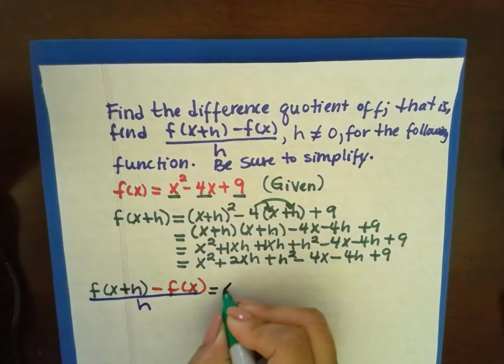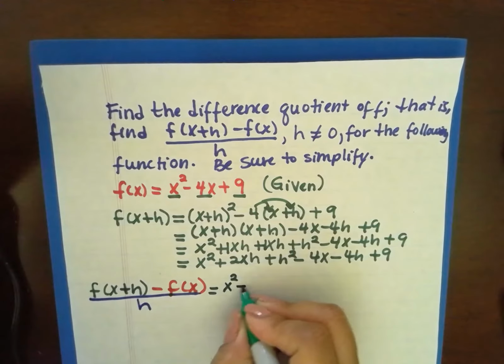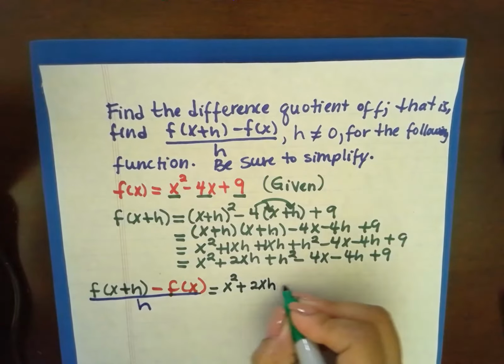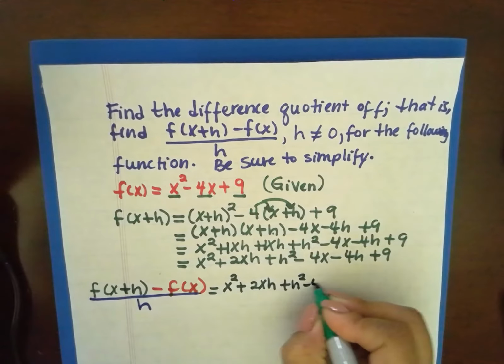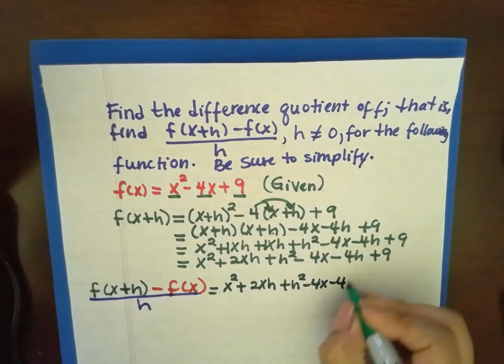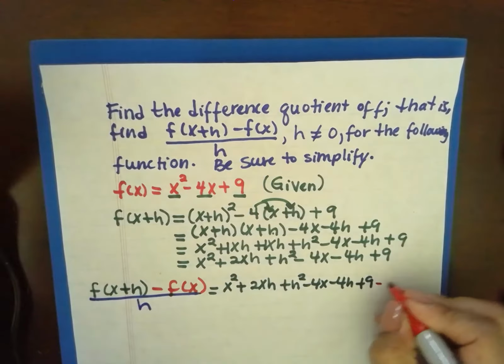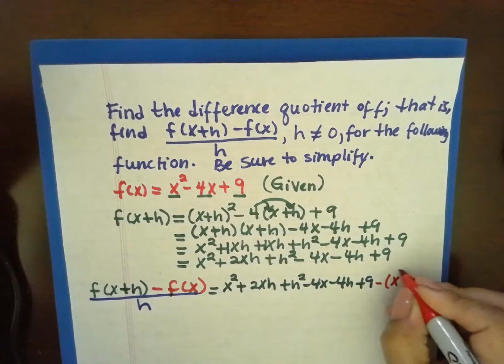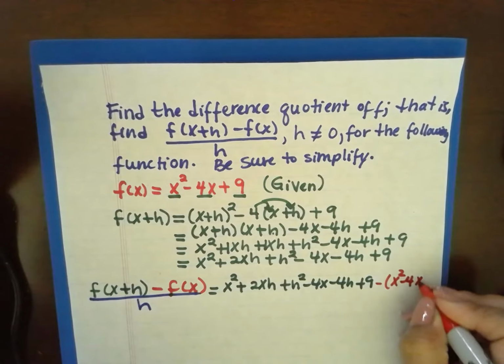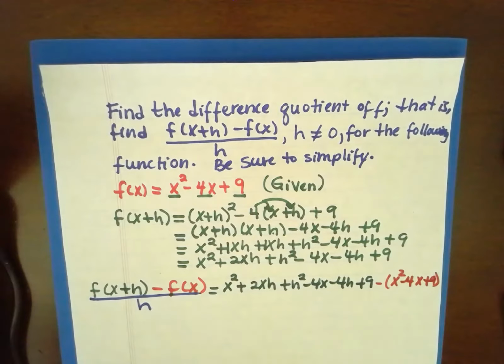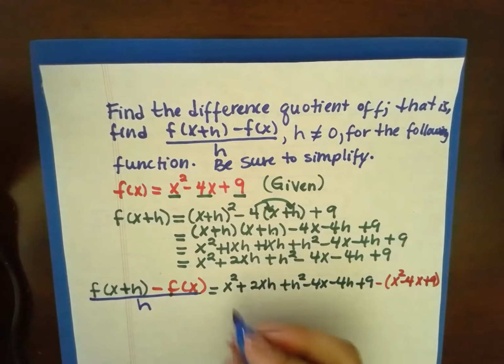So the function value is x squared plus 2xh plus h squared minus 4x minus 4h plus 9. And then the second function is the trinomial, minus x squared minus 4x plus 9, divided by h.